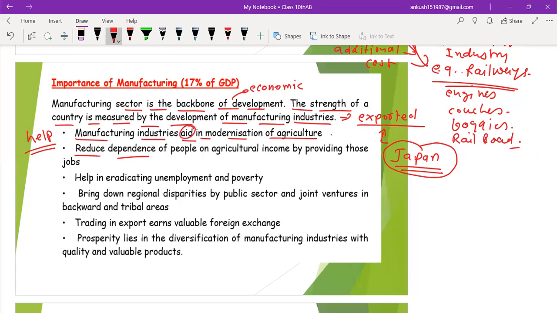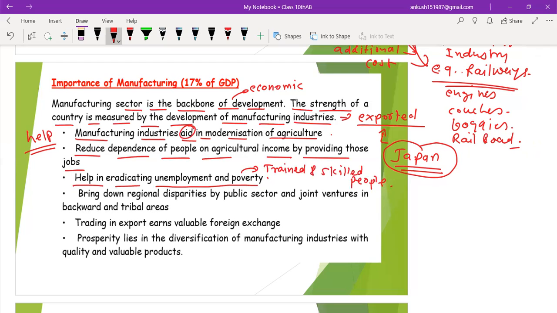It reduces dependence of people on agricultural income by providing those jobs. It helps in eradicating unemployment and poverty. Now, how is it? I don't know, because only trained and skilled people would be employed there. Are you agreed with me?